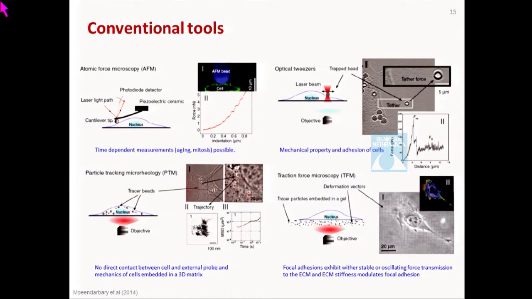So this slide shows the first conventional technique, which is atomic force microscopy. Typically in atomic force microscopy, you have the cell which is immobilized to a surface, and then you have a cantilever sort of structure. Typically for cells, you use a bead-tipped cantilever. The way you do it is you bring the cantilever tip and first deform the cell.